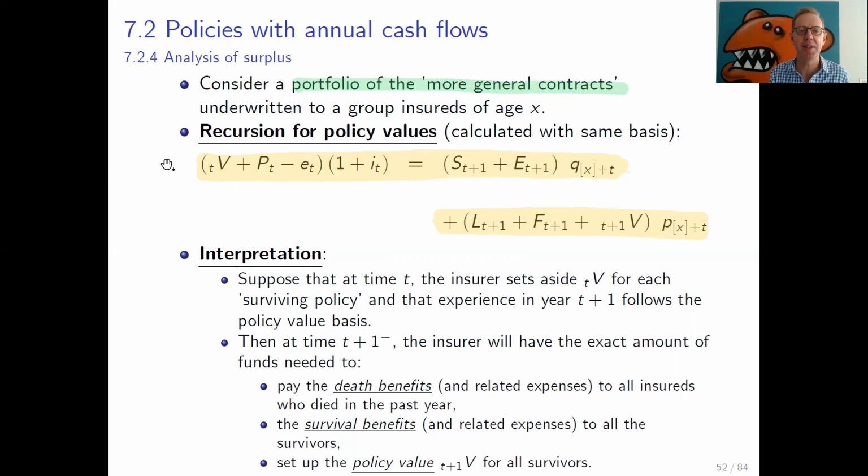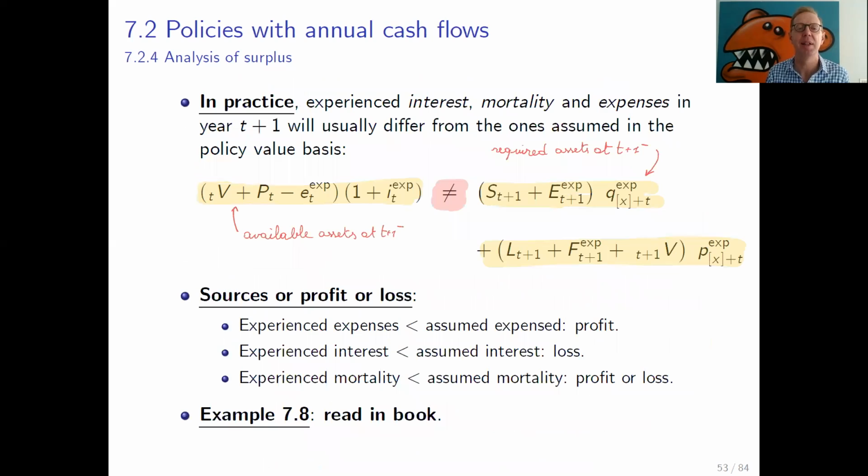So this equality, this recursion, implicitly assumes that the policy values V_t and V_{t+1} are calculated with the same policy value basis, and that experience is exactly as in the policy value basis. Of course, in practice, this will never occur.